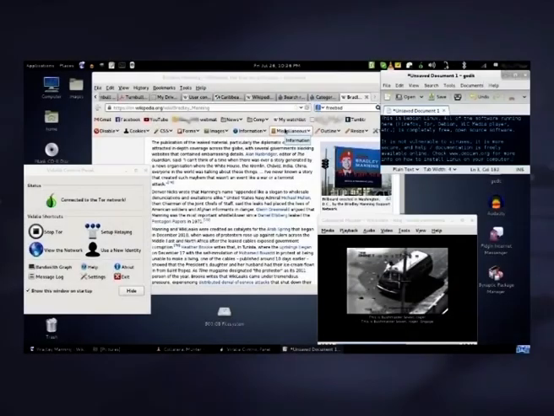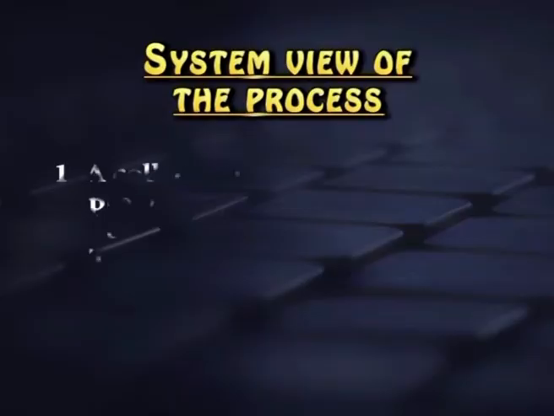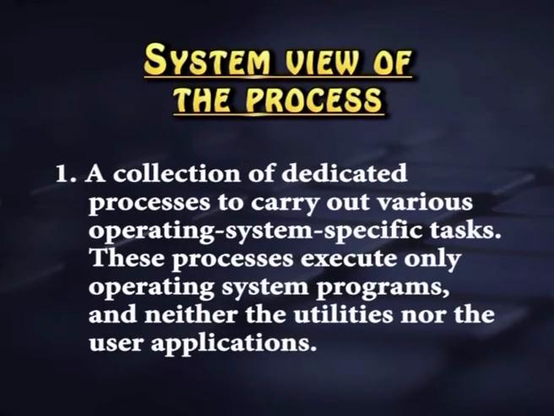One system may have multiple processes running simultaneously. These processes can be of two types. First, a collection of dedicated processes to carry out various operating system specific tasks. These processes execute only operating system programs and neither the utilities nor the user applications.